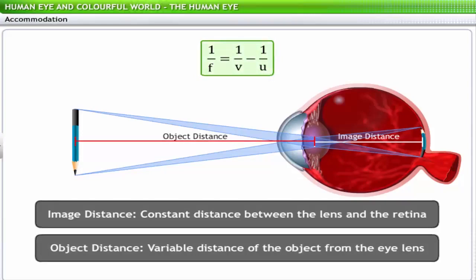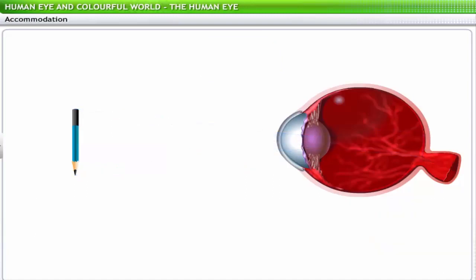Therefore, to form a clear image of different objects at different distances from the eye, the focal length of the eye lens has to be changed. And how do we do that? By altering its thickness, of course. For example, to focus on a distant object, the eye needs to increase the focal length of the lens.